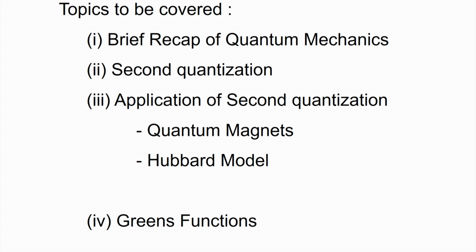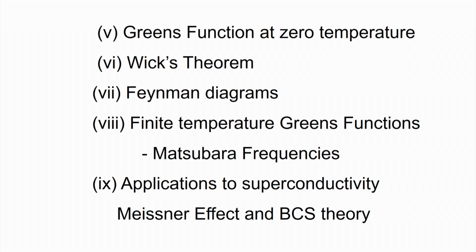We will then talk about Green's functions, and these Green's functions will be acting as if they are like wave functions in single particle quantum mechanics, and these Green's functions have to be learned at zero temperature, where we would talk about Wick's theorem and Feynman diagrams, and these Green's functions will also be learned at finite temperature, because as you know, all condensed matter physics is done at finite temperature.